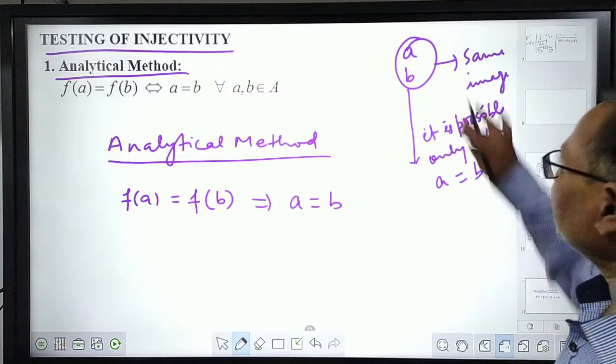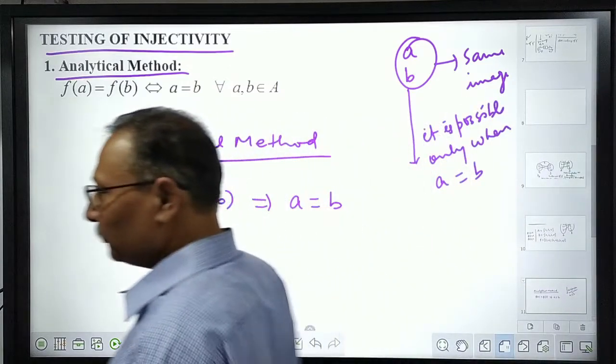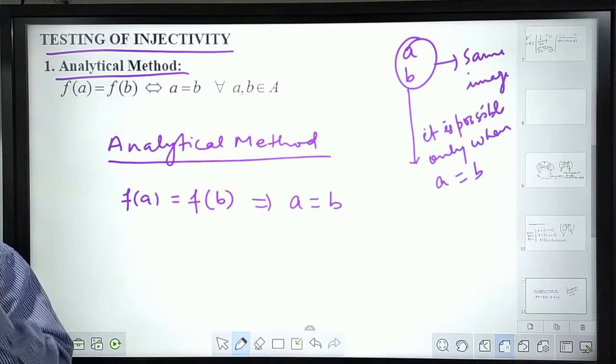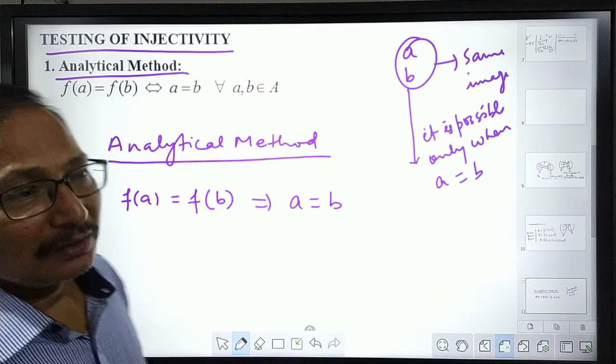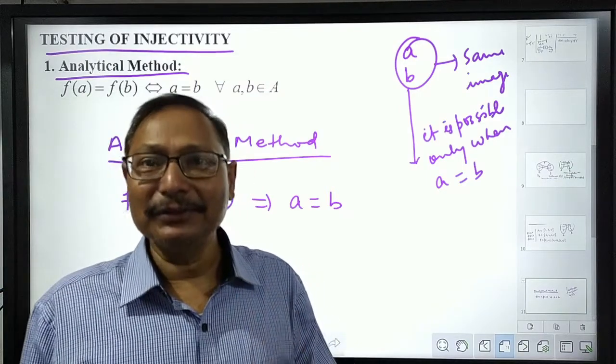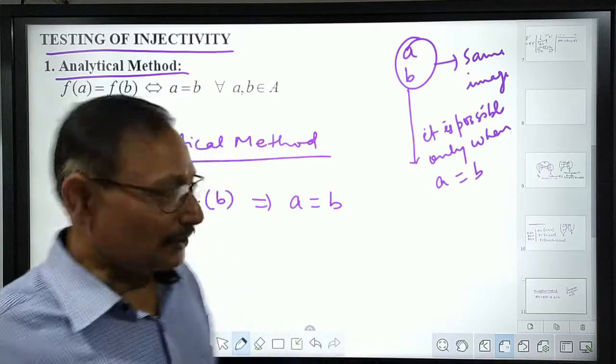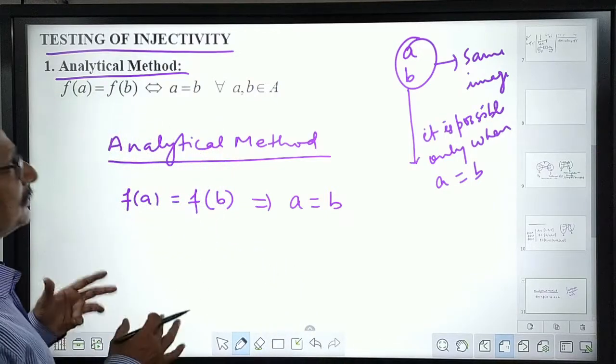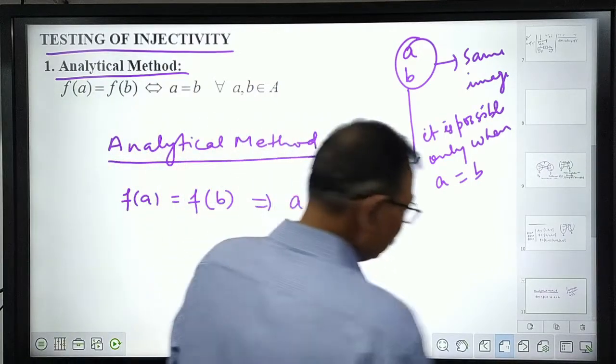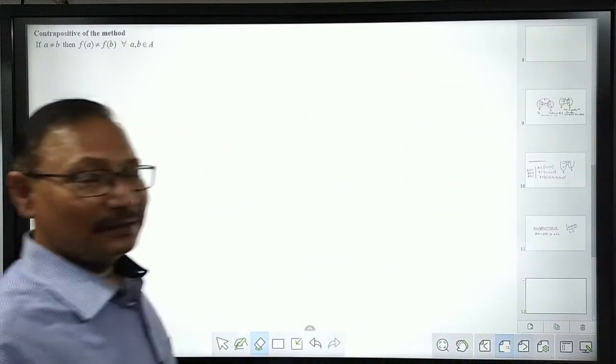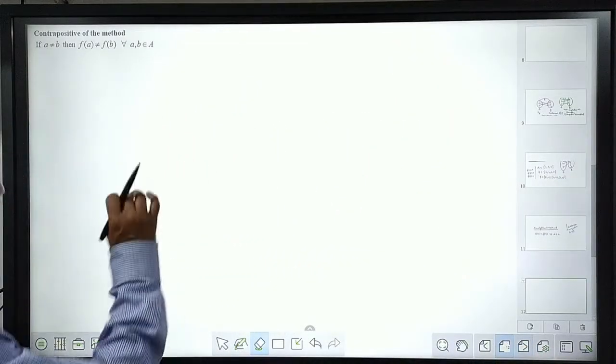If it happens, then no two different elements of the domain have the same image, and we conclude that this is an injective function. Another way to test the injectivity of a function is this.